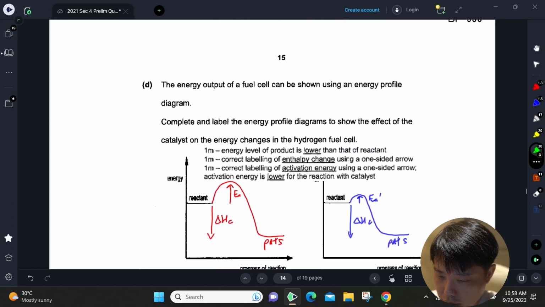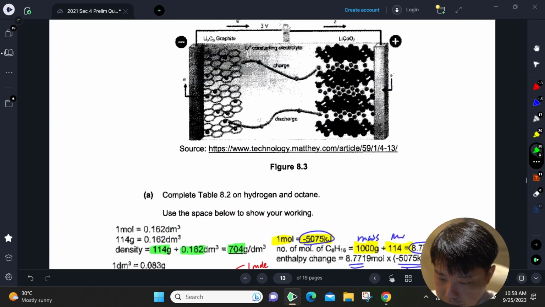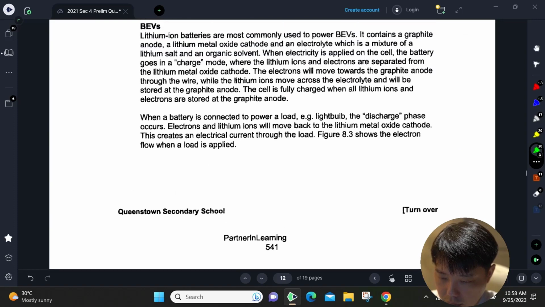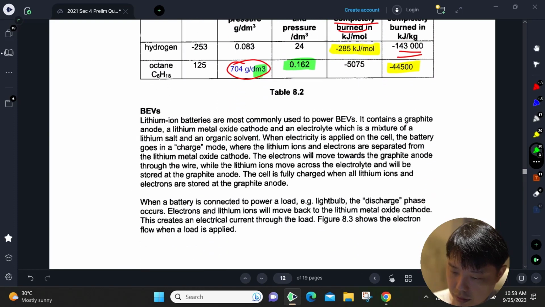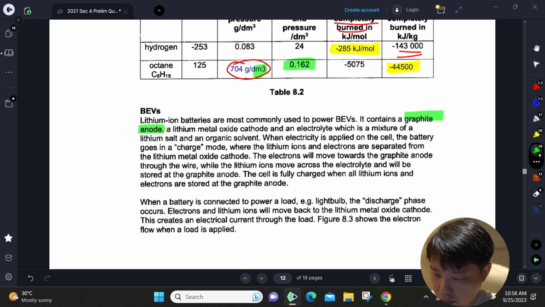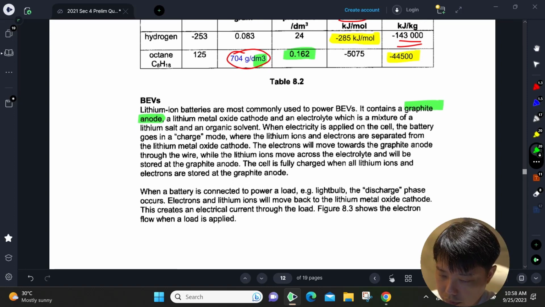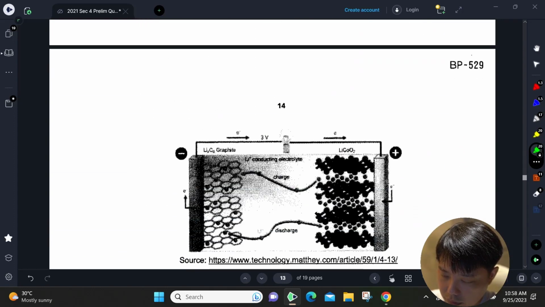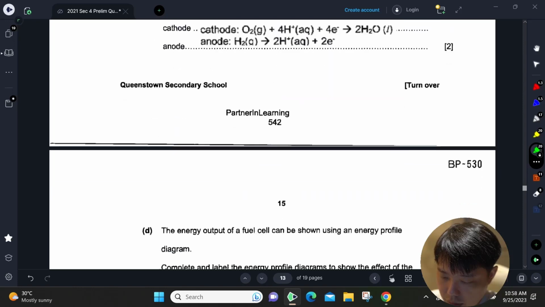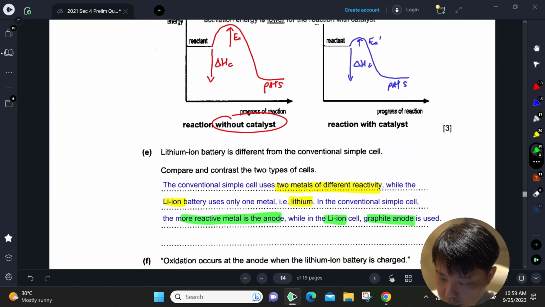You can check out the diagram. In the lithium ion cell, where did they say? Yeah, graphite anode. So that is the difference that is shown here.